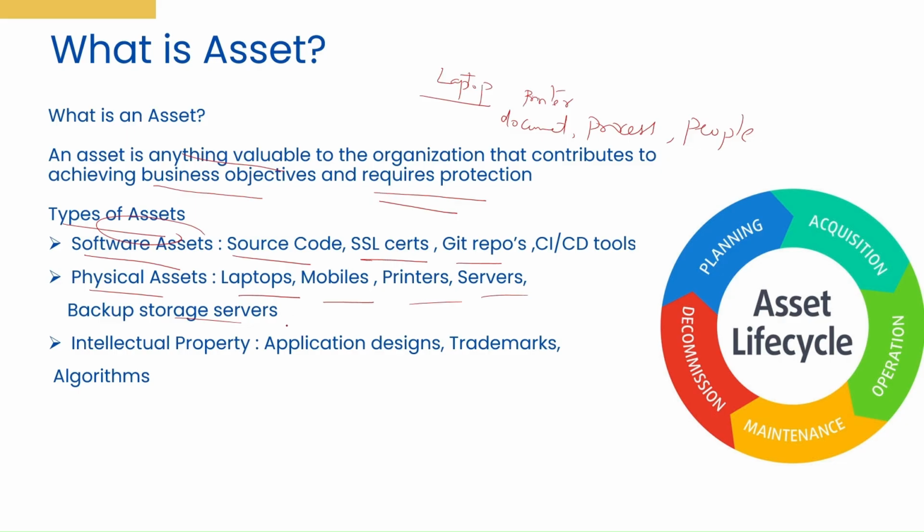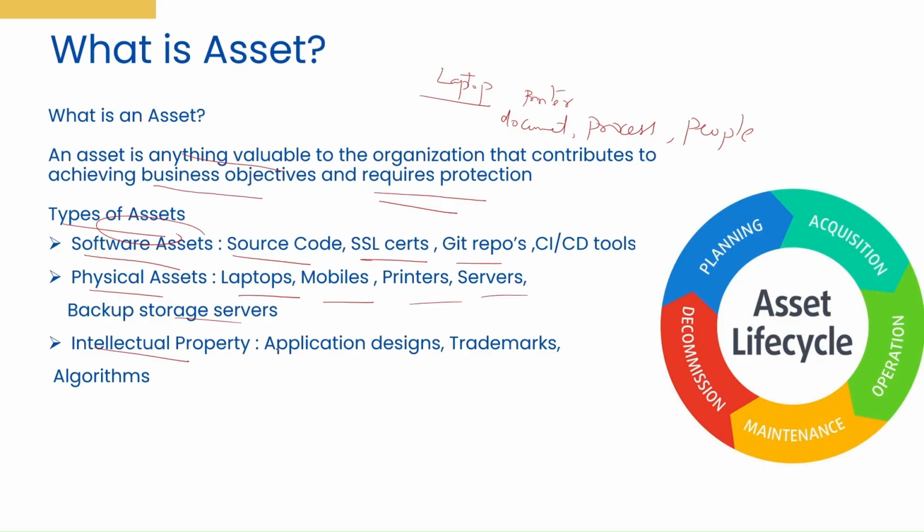Anything that is physical, confidential documents that are printed, those printed documents become the asset of the organization. Next is the intellectual property: application designs, your algorithms, your trademarks, your trade secrets. Then it is the responsibility of the organization to protect it.